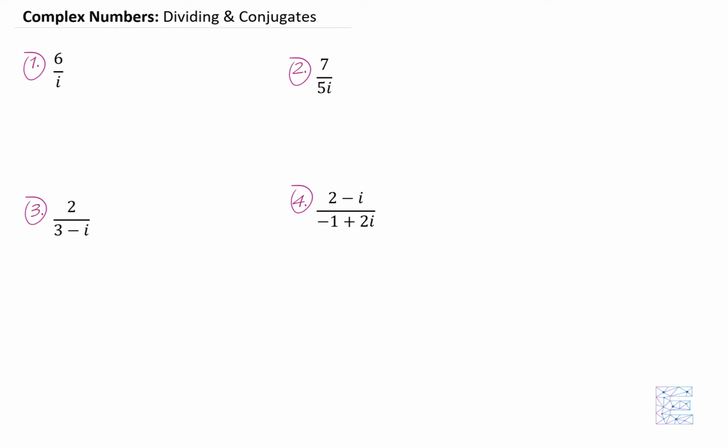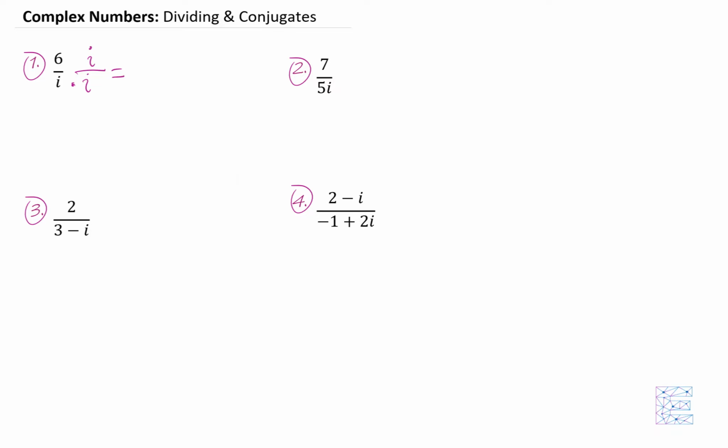Let's go ahead and get started with this first question, which says 6 minus I. To get rid of I is pretty straightforward. All you need to do is multiply by I. For this question, you would multiply the denominator by I. Therefore, you have to do that same exact thing for the numerator.